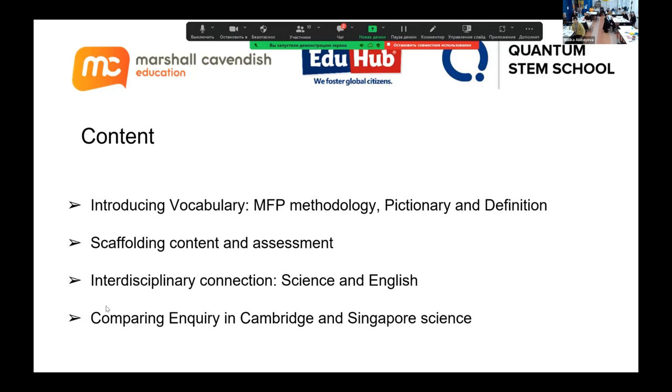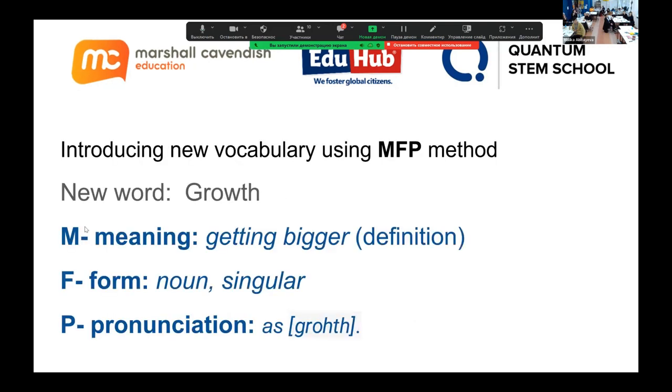And comparing inquiry and competency for science, if we will have time, this is extra information, but if we will have time, we can just discuss how inquiry may change in life and depending on the programs.